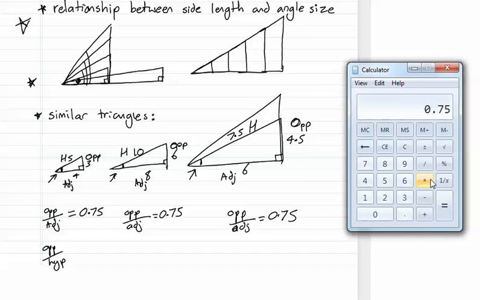That means that it's only that particular angle there, whatever that happens to be, that has this particular ratio from the opposite over the adjacent of 0.75. And every single angle that we could have in there between 0 and 89.9 degrees, we can't go up to 90, every single angle has its own particular opposite over adjacent ratio.